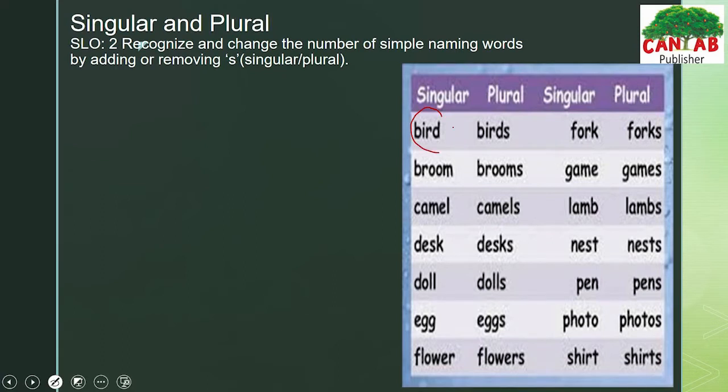Let's read the first word, bird. We add an S, birds. The first word in the list is bird. One bird. More than one are birds. Broom.